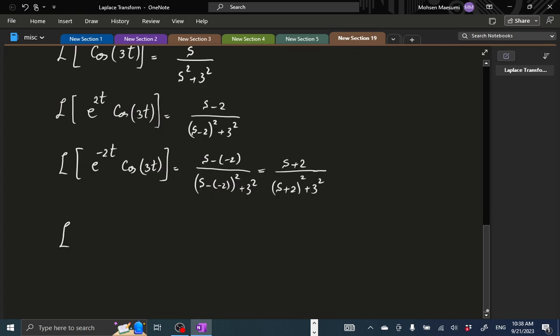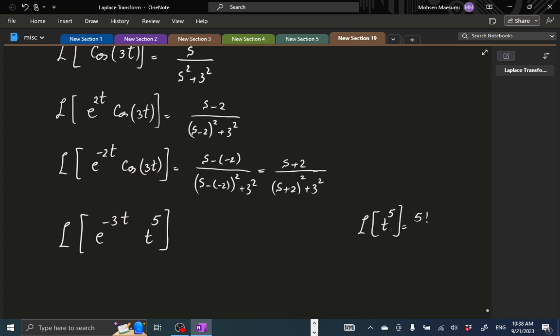Suppose I do exponential of minus 3t times t to power of 5. Suppose I want to find that. Well, I start with what was Laplace transform of t to power of 5? You remember it was the factorial of this number over s to power of 1 larger, 5 plus 1.